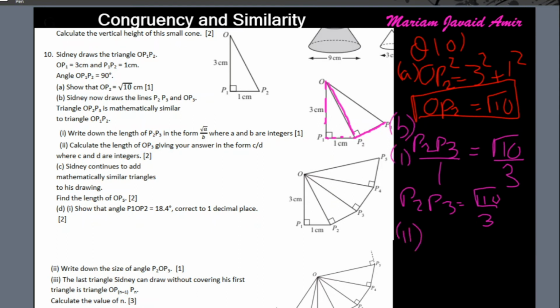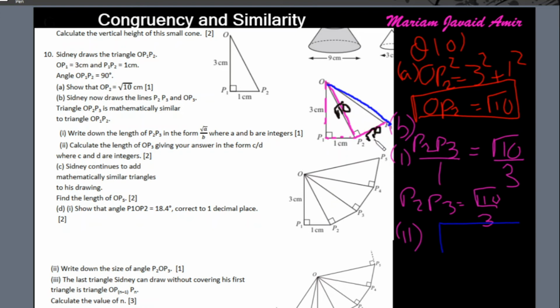Next up is B2. Calculate the length OP3, giving your answer in the form c over d. So where is OP3? This length. We need OP3, so we will take Pythagoras theorem. OP2 came out to be under root 10, and P2P3 came out to be under root 10 over 3.